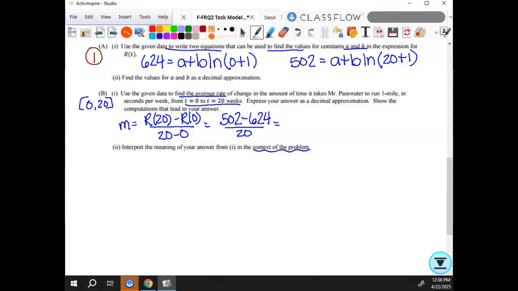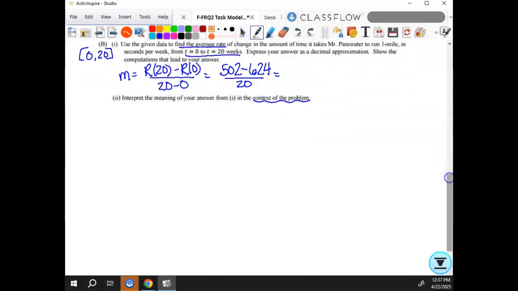And I've asked you this a couple of times, and we never really went back and talked about it much, but a lot of y'all said good things about it being the average rate of change or whatever. This is also one of those where there are specific words we need to make sure that we use, and that we're not just restating the question or restating what happened up there.